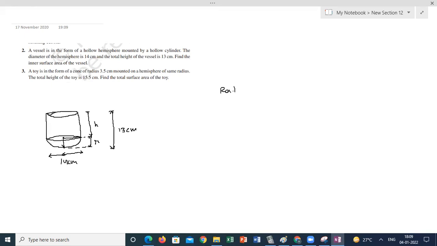So the radius of the hemisphere is equal to 7 centimeter. The height of the cylinder is equal to 13 minus 7, which is equal to 6 centimeter.